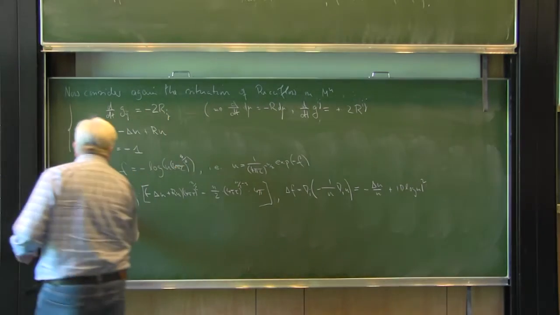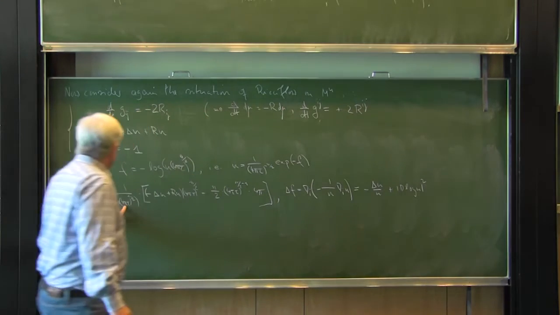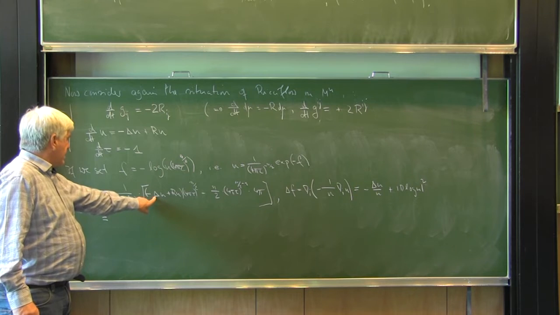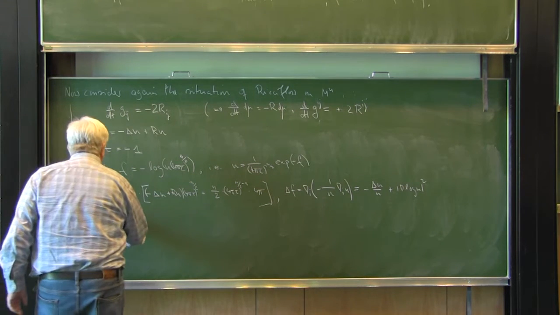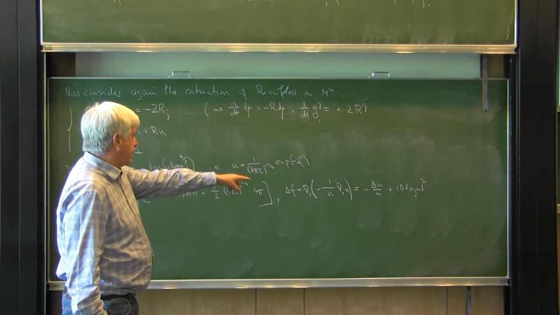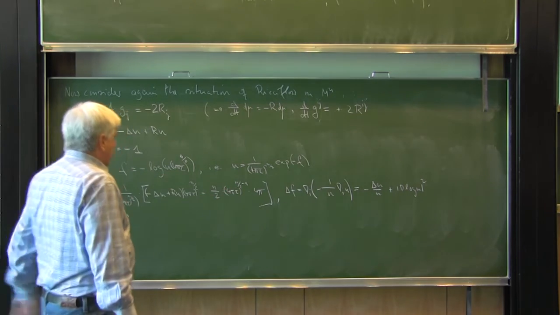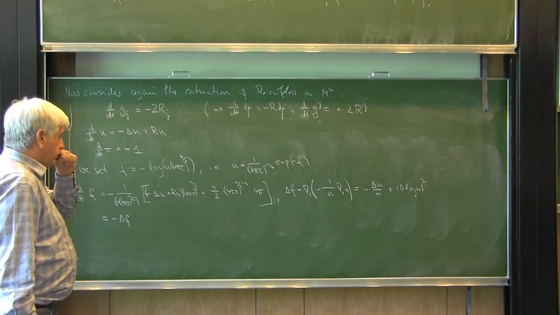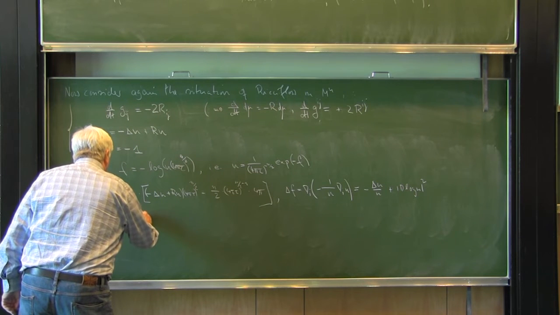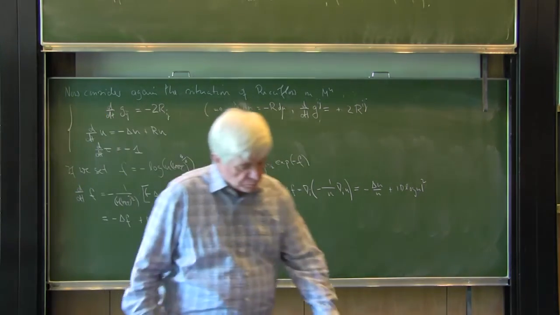So if I insert this in here, the tau factor cancels, so I have exactly this minus Laplacian of f. But then I get plus gradient log u squared, but log u is f, so I get plus gradient f squared on here. Is this right?